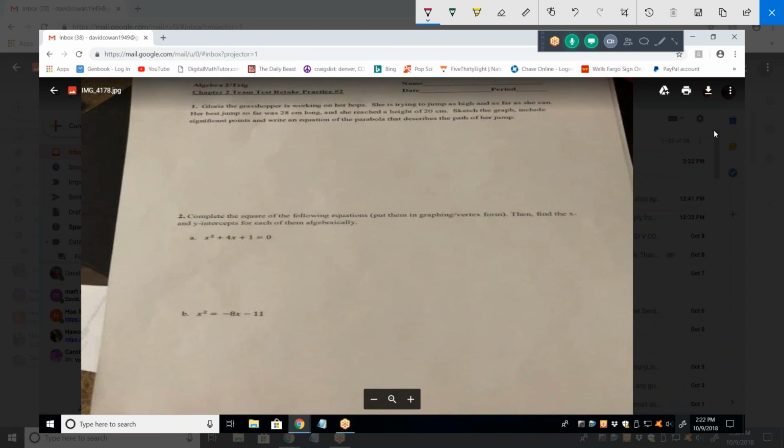Let's look at number 2 here. Complete the square. All right. Completing the square. I'm going to start up here just so I have more room to write.